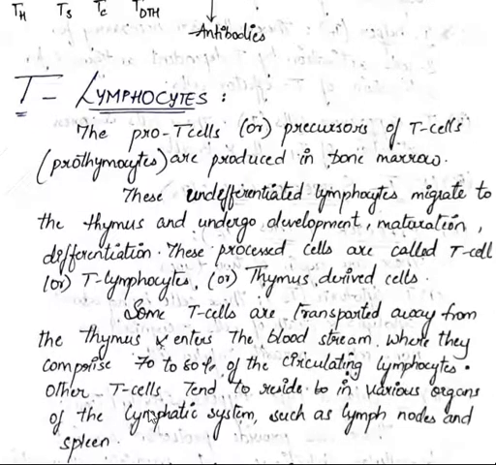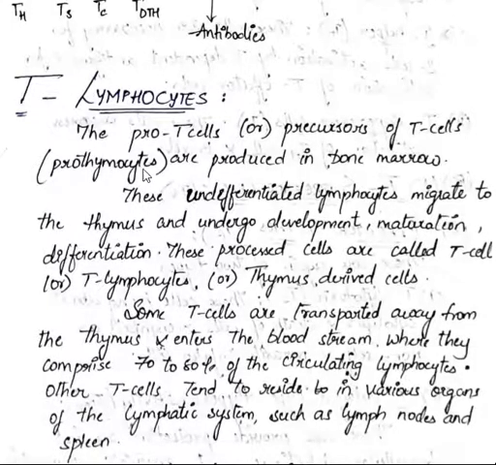So these processed cells are now called T lymphocytes or thymus derived cells. Remember, the cells that were produced in the bone marrow are going to be called prothymocytes, and we are not going to call them T lymphocytes or T cells because they don't have any hormone stimulation or any surface markers.